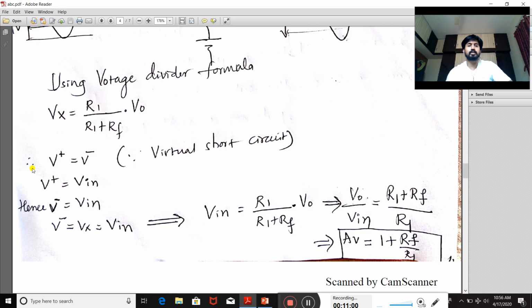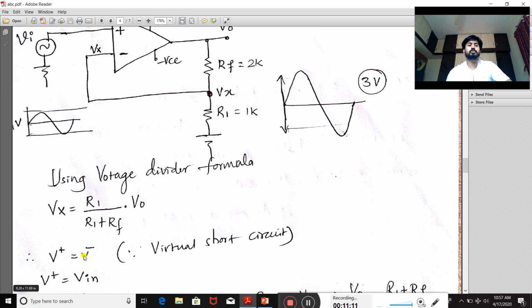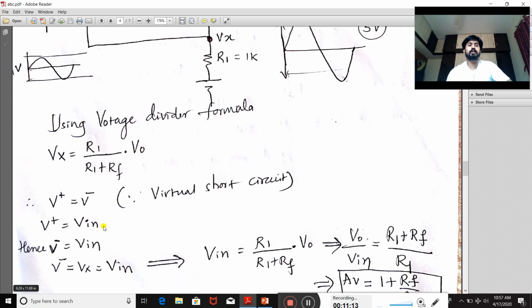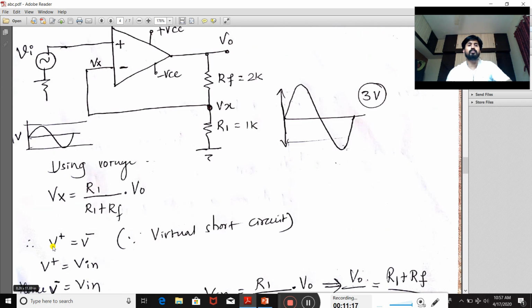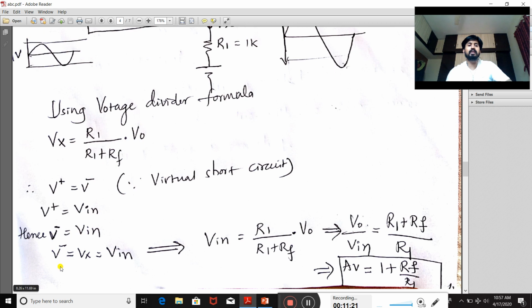That is what I have written: V plus is equal to V minus. Whatever the voltage available here will be the same as Vx. So V plus is equal to V minus. At V plus, what is the voltage? V in. Hence at V negative also V in. That V negative is nothing but Vx, and Vx is equal to V in.